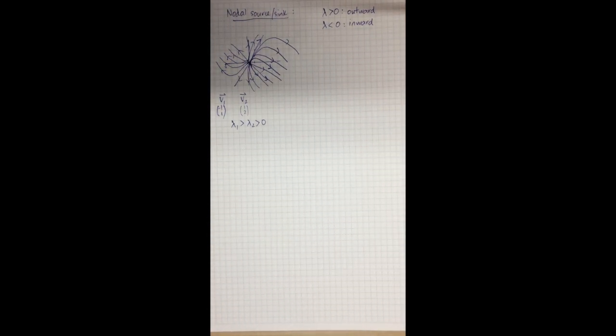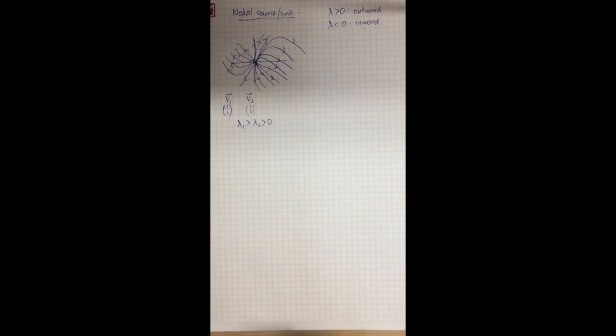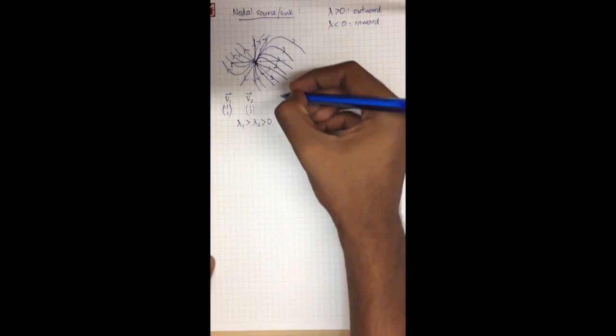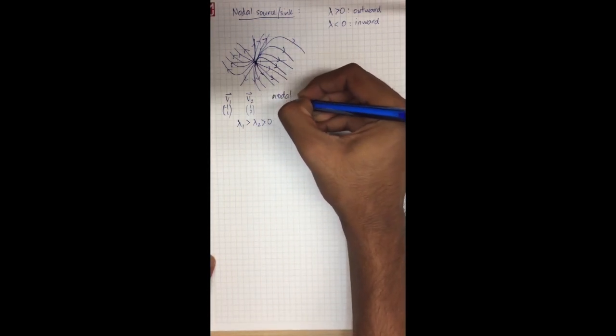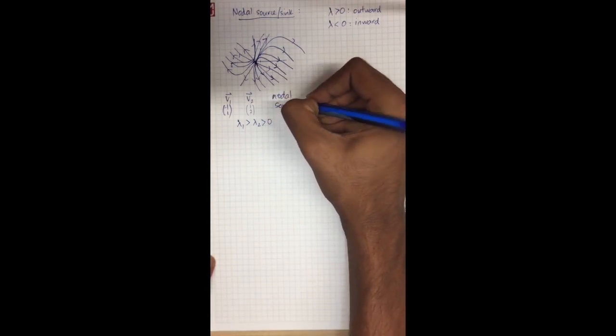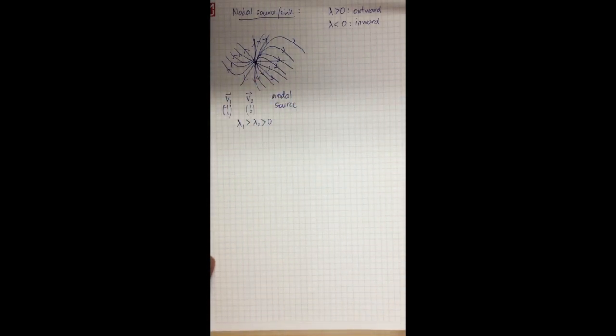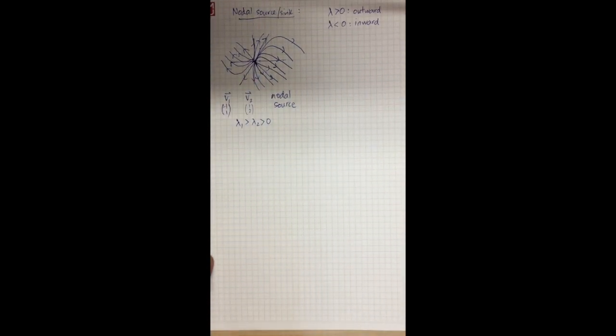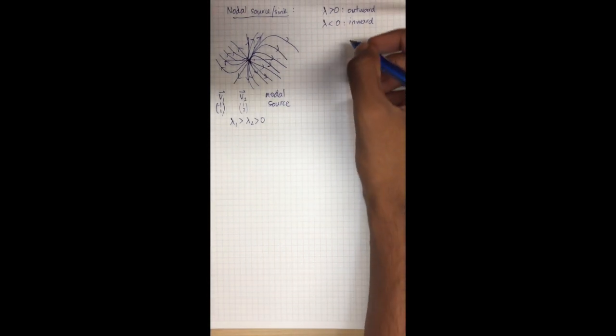So this is approximately the curve. We call this a nodal source because it starts from the source and then just goes away from it. So the origin acts as the source for us. Okay, so that's the first drawing.